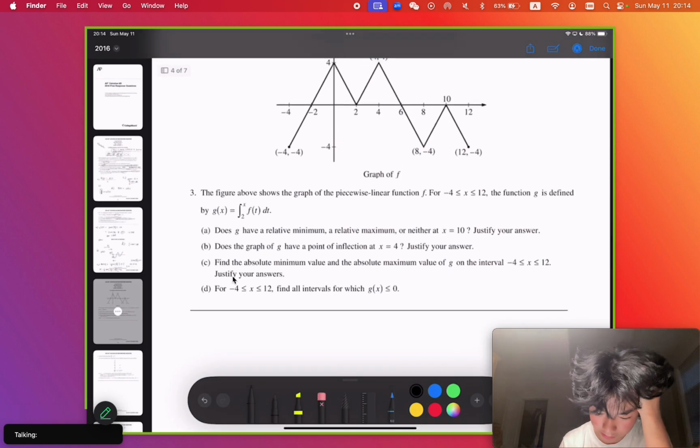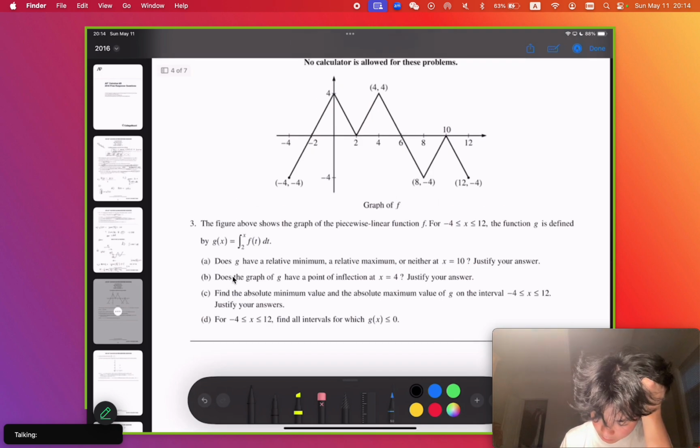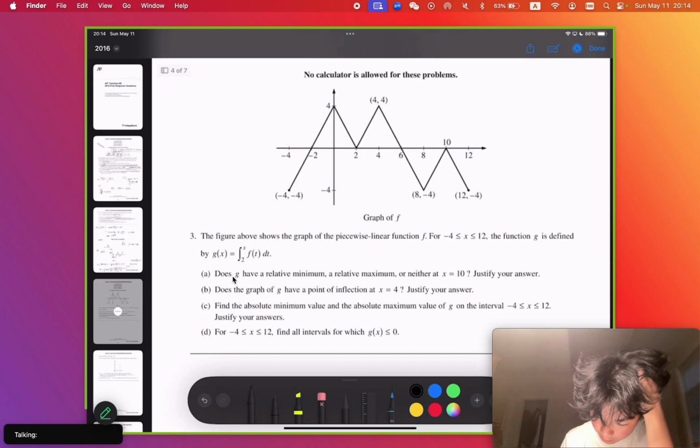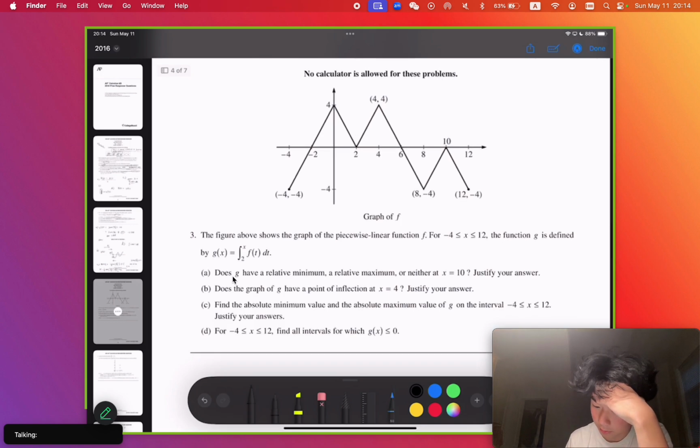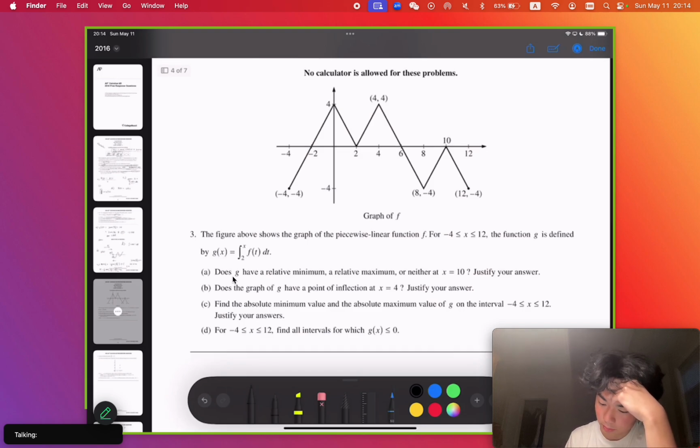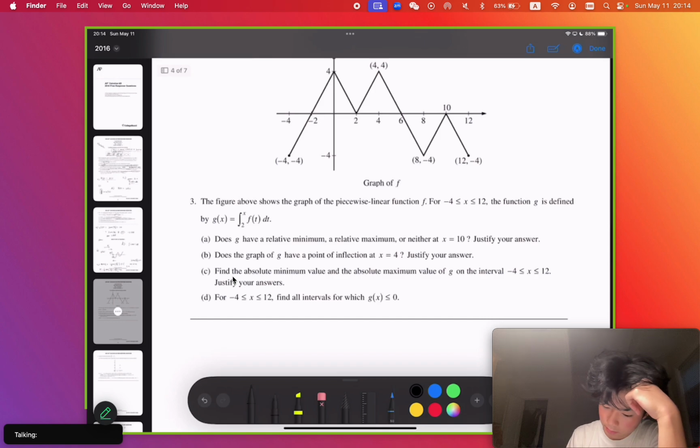Does g have a relative minimum, relative maximum, or neither at x equals 10? I think when it's at 10, it equals 0. It equals how it started. So I think neither.